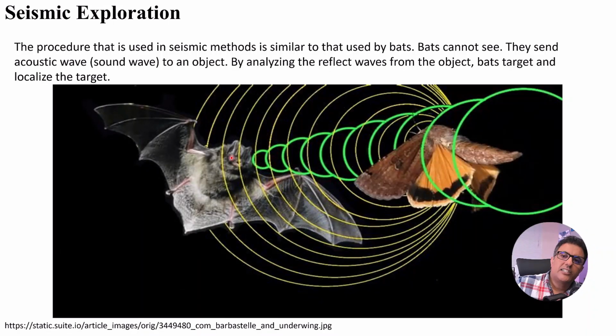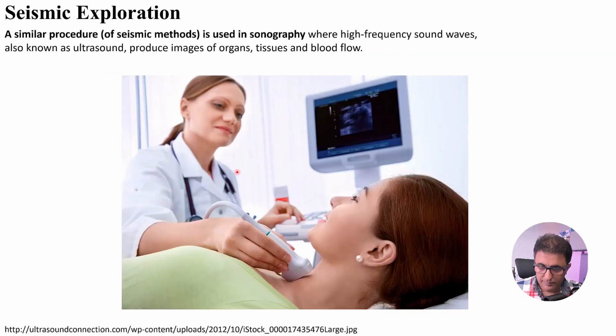And this is how bats are able to locate their targets. The similar concept is used in medicine, for example, in sonography. In sonography, as you see here, we have a device that is composed of both a source and receiver. The source produces ultrasound waves, and this is how we are able to see some tissues in our bodies.